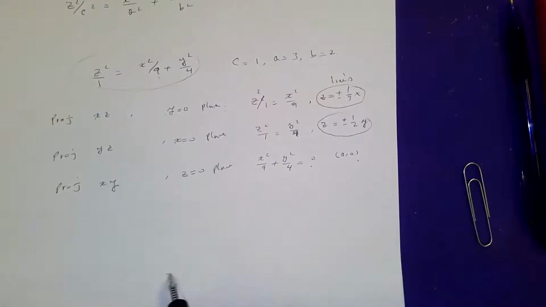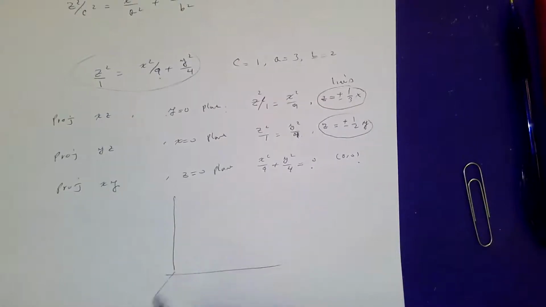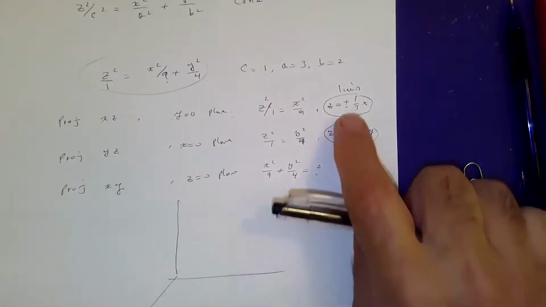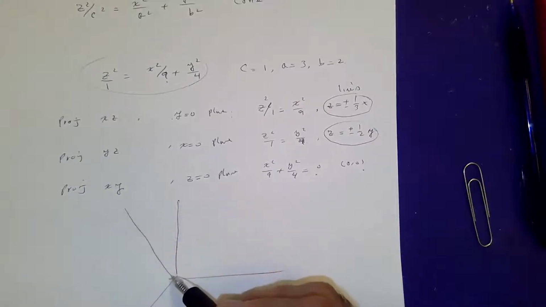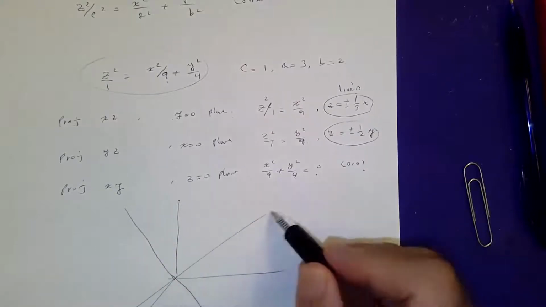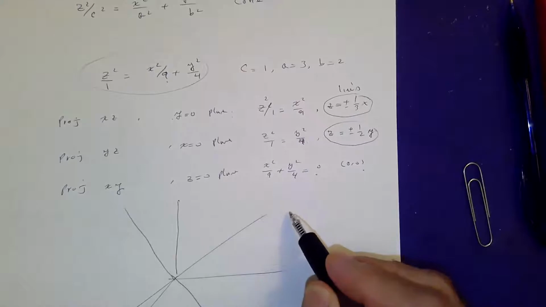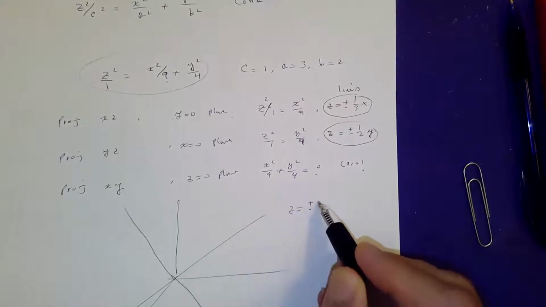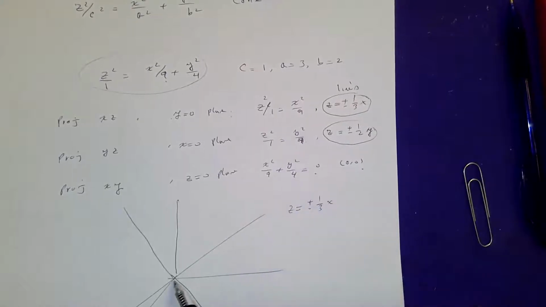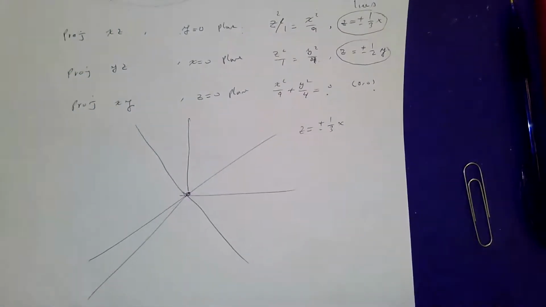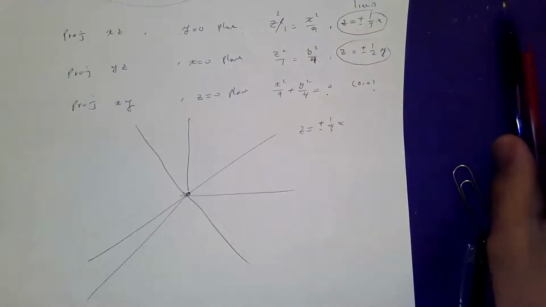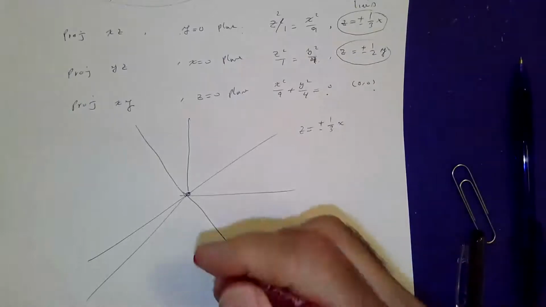So what's happening is this, folks. Let's say I have z equals plus or minus 1/3 x. So here's one, here's the other guy. These go through the origin. I don't know if you guys can see it. On the other hand, for the other guy, I also have the same deal.